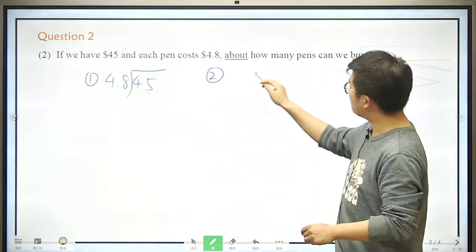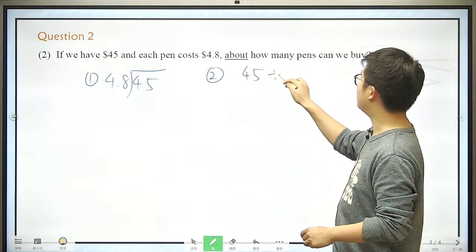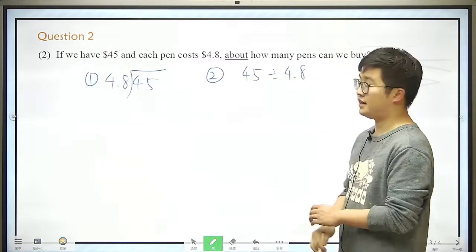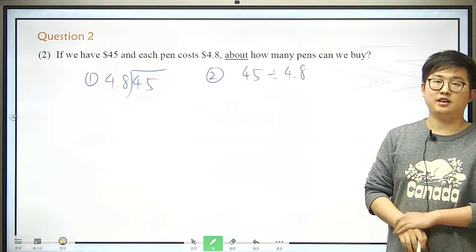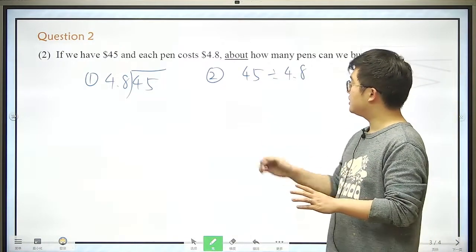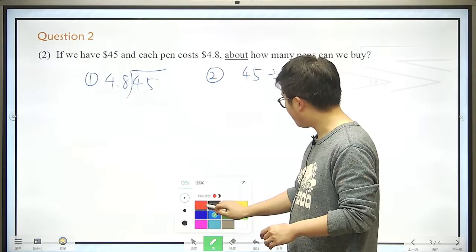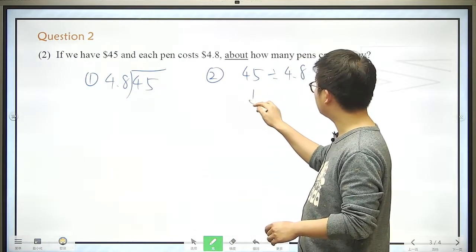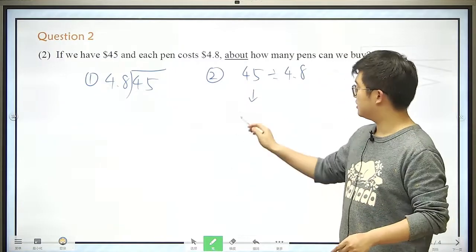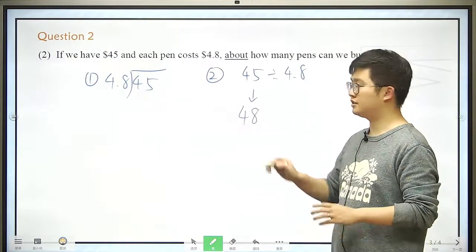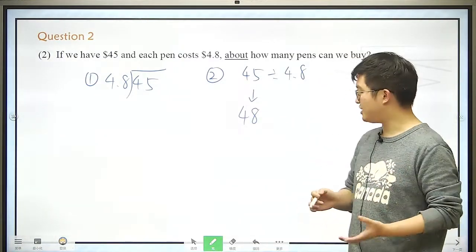Now, we know that 45, we need to divide it by 4.8, right? And we can see here, obviously, that 45 is close to the number 48. Why do we mention this?